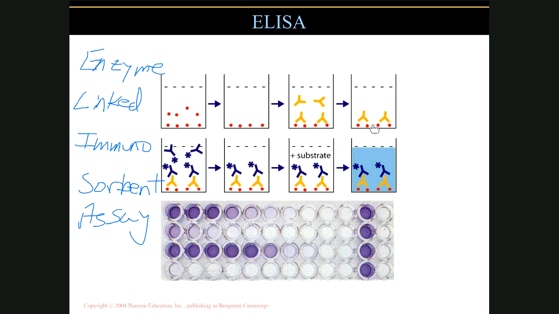So you add a second antibody which sticks to other antibodies. And the second antibody is labeled, usually with a chemical that will produce a color change. And we see an example here where the color change is purple. And so the idea is, if the patient has antibodies to a particular antigen, those antibodies stick to the wells. Then you add a second antibody which sticks to the first antibody.